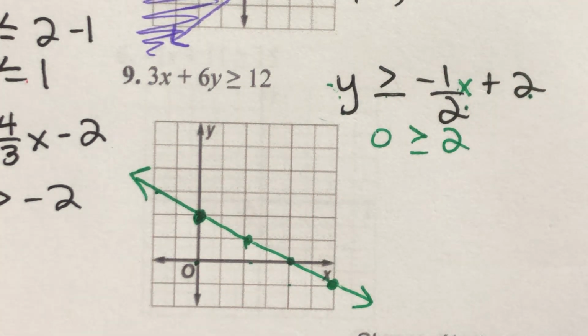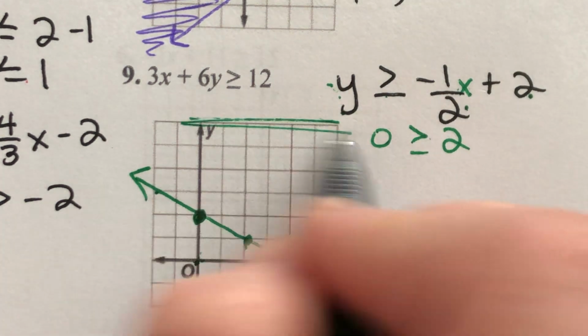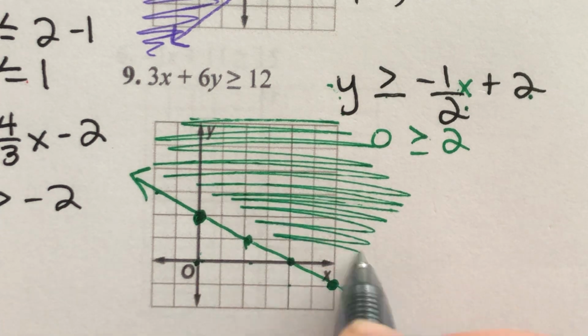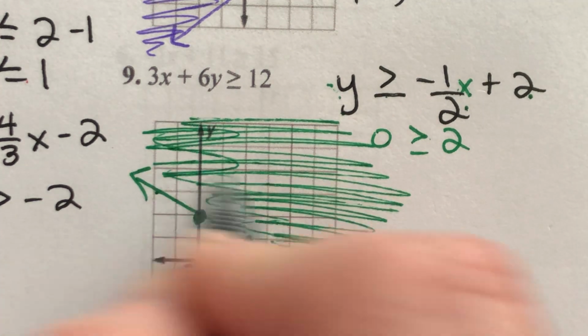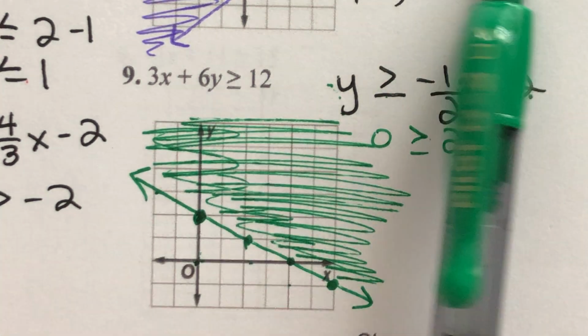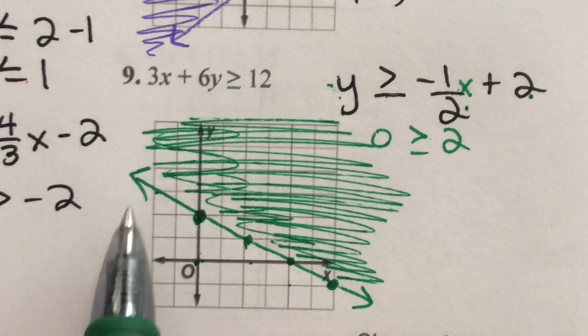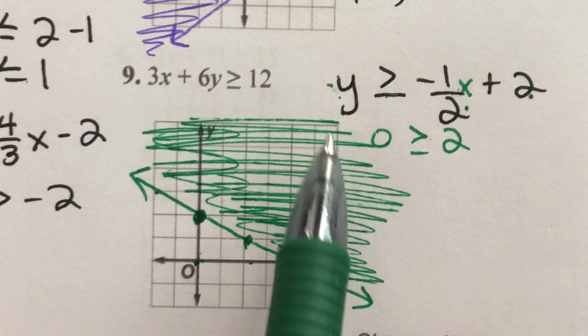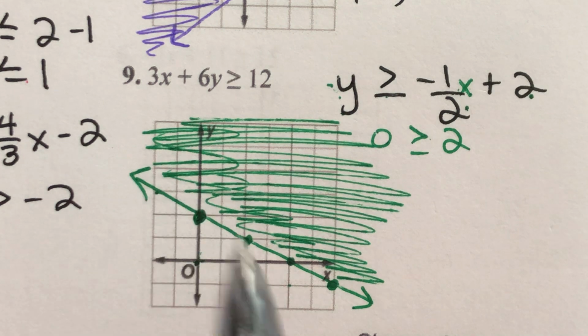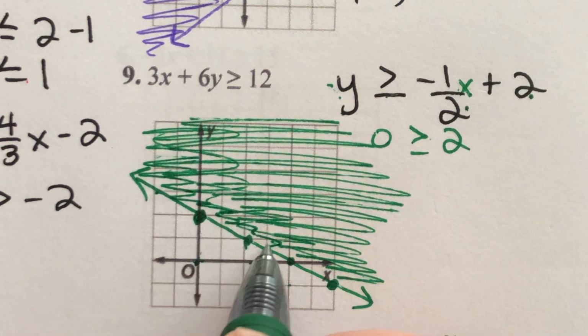Is that true? No, it's not. So I can't shade down here where this solution is that I just plugged in. It's not a real solution. All of this side is your solution. Shade in your entire graph. You don't have to shade in past the graph, but just within the parameters of the graph, you got to shade everything in. Okay, if you have questions on that, let me know.